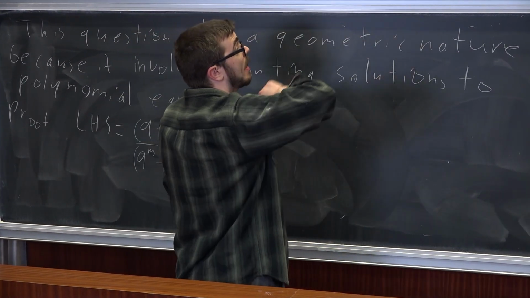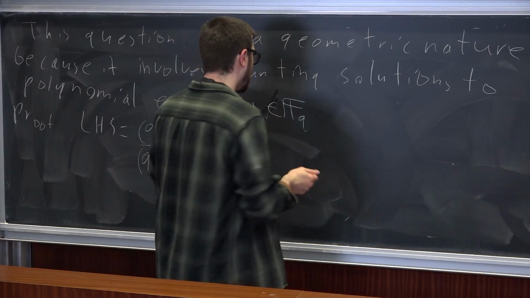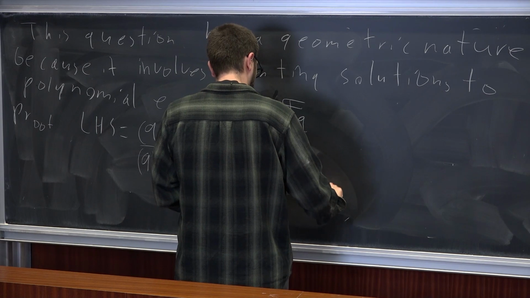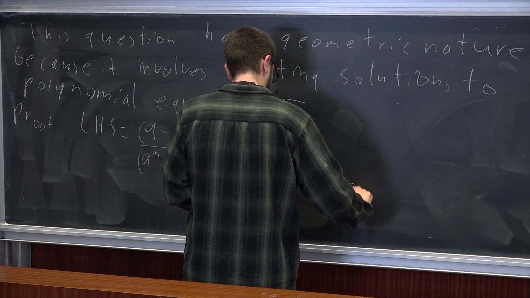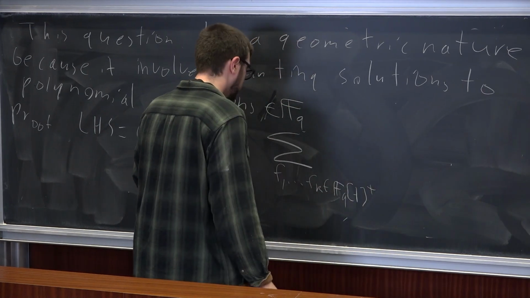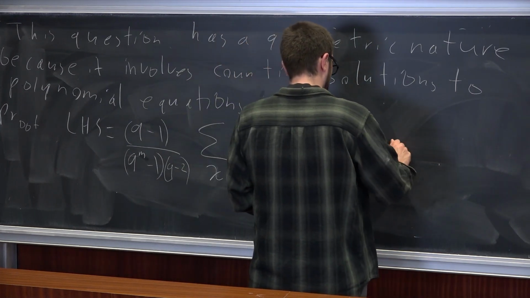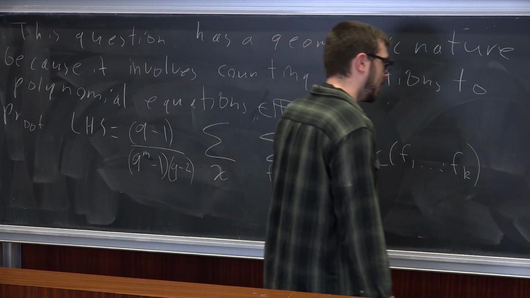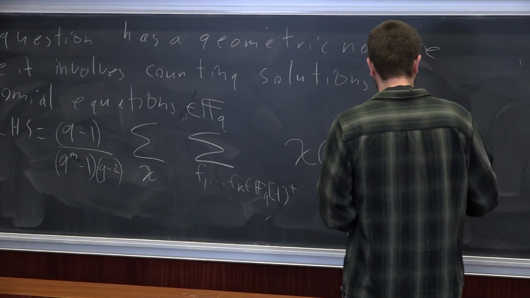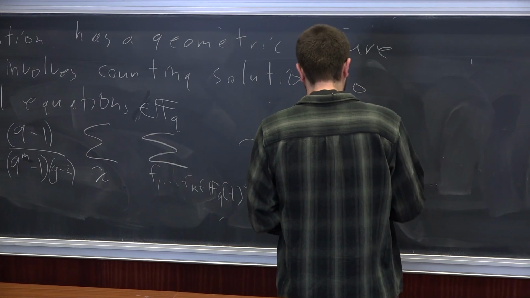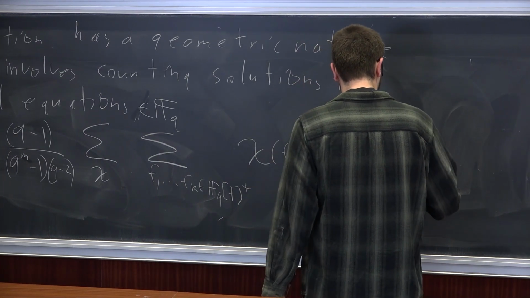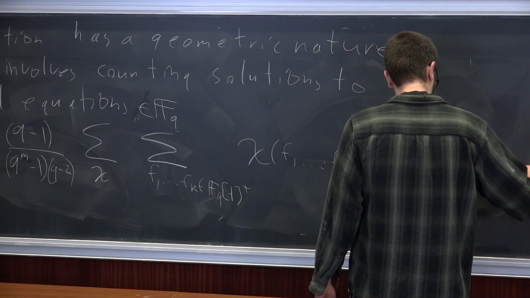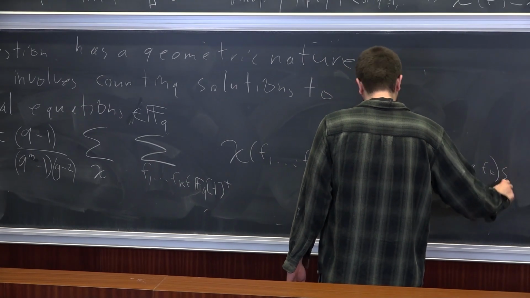And each L(1/2, chi) becomes a sum over f, so we end up with k sums over f, a sum over f_1 through f_k in F_q[t] monic. By multiplicativity, the chi term just becomes chi(f_1) through chi(f_k). And then we have q to the minus s times degree f_1, up to s times degree f_k. So I'll write this as degree f_1 plus through degree f_k, times s.